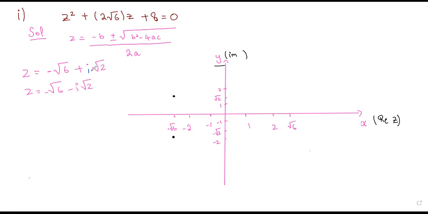It says the points representing the roots are A and B. Let's say this is A and this point is B. O is the origin. So this is the origin.